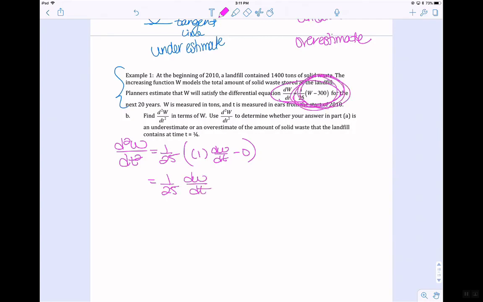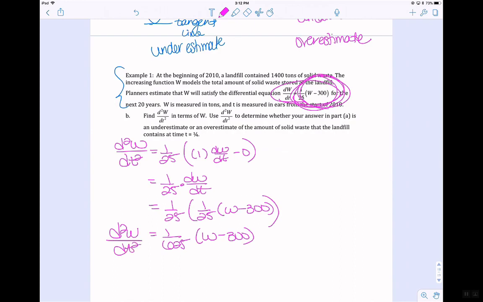This equation here. So you get 1 over 25 times 1 over 25 (W minus 300). So this is 1 over 625 times (W minus 300). This is d squared W over dt squared.